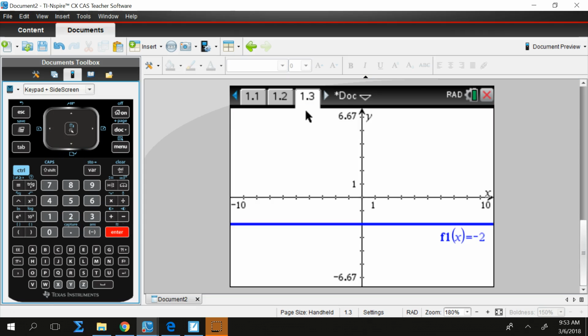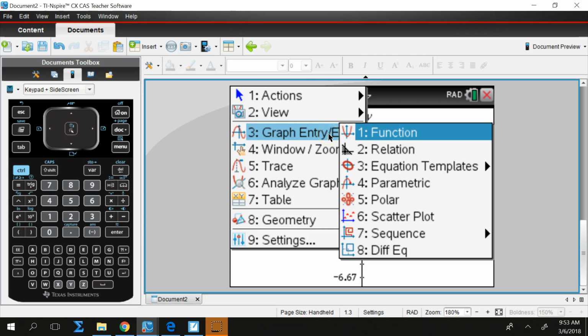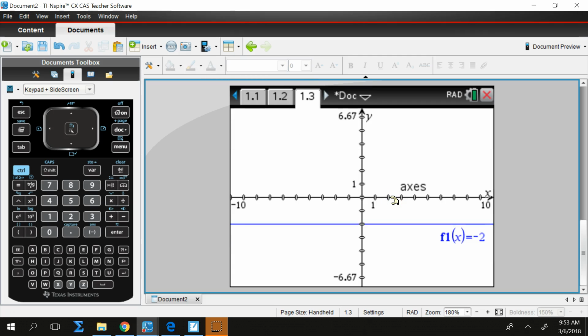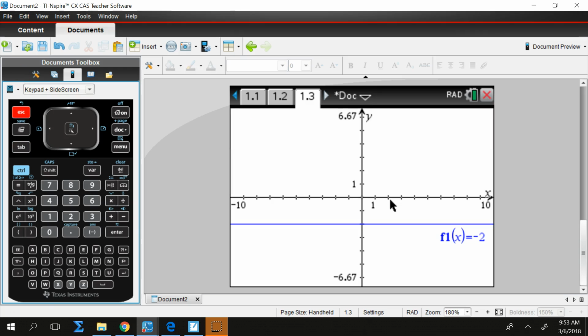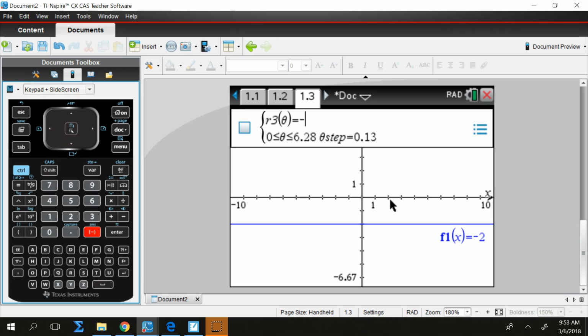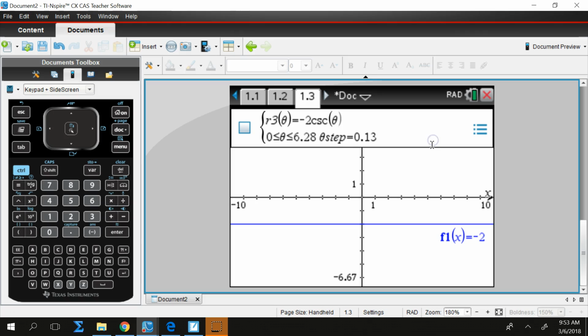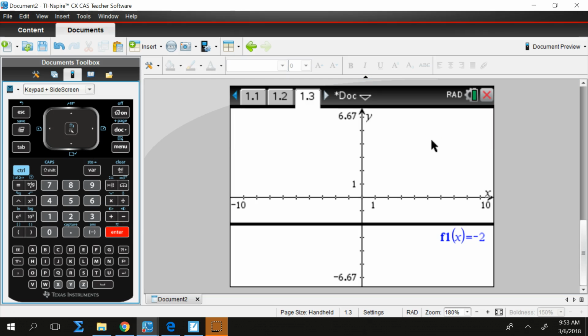What was it, -2 cosecant? It would go right over the top.